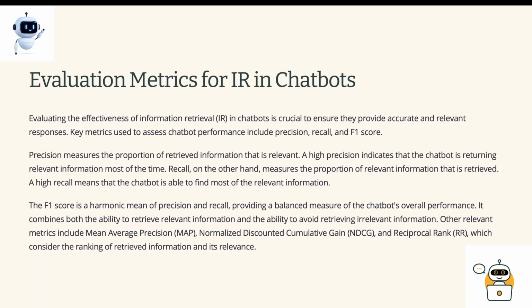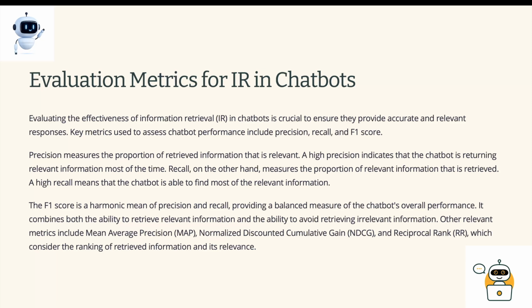A high recall score signifies that the chatbot is thorough in its response retrieval. Now, the final one, the F1 score, combines precision and recall to give a balanced measure of the chatbot's effectiveness, especially in cases where both accuracy and completeness are important.